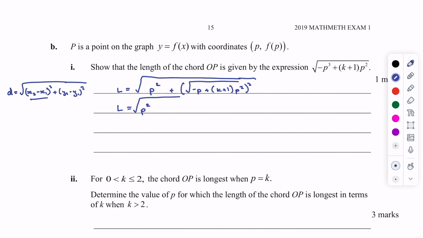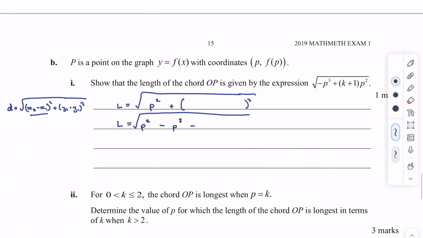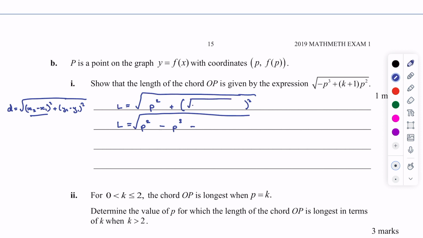Sorry, the program I use likes to do that. Okay. Sorry, let me take this back. That's what we're trying to find. That wasn't the value here. So what we have is the square root of minus p cubed plus kp squared.